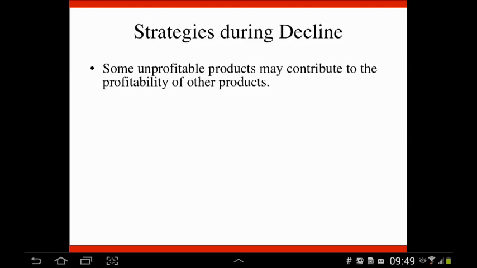Right, but some products, even though they are unprofitable, may contribute to the profitability of other products. Why? Because maybe, let's say Apple, their initial version of the tablet isn't selling very well, it's not very profitable, but they want people to see them as a company that has all the different variations of tablets.